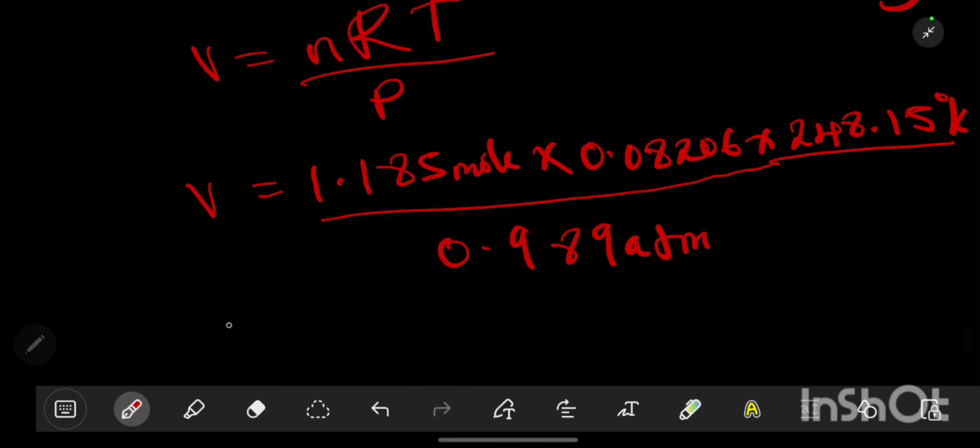So when we press everything, 1.1854 times 0.08206 times 248.15, then this value divided by 0.989, this is going to give us 24.41. So this is the volume, which is in liters.